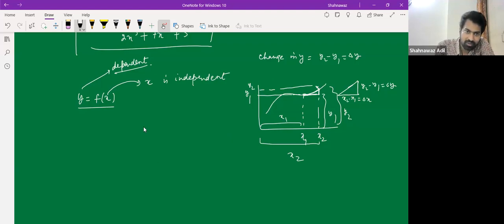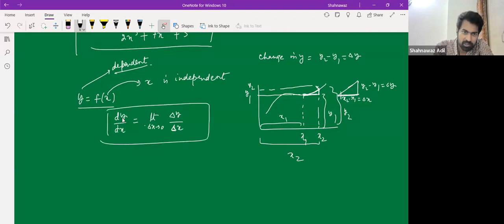So if I calculate the change in y with respect to x, and I make this change very small, so delta x is very near, the limit of delta x tending to 0, this is called the differentiation of y with respect to x.